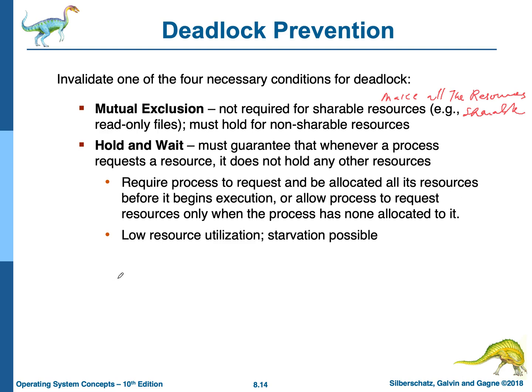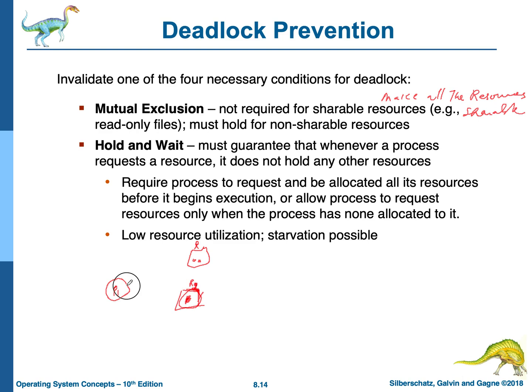For example, if this P1 requires R1 and, sorry, this is also a resource, and one instance of R2, right? There is one instance of R2.